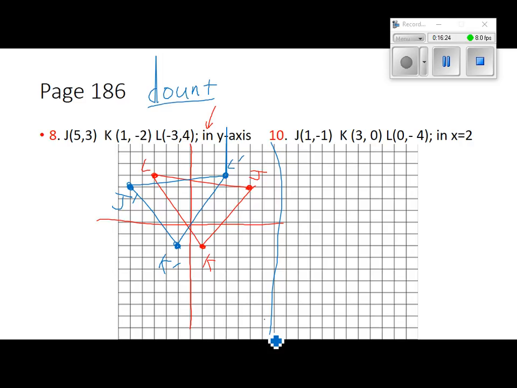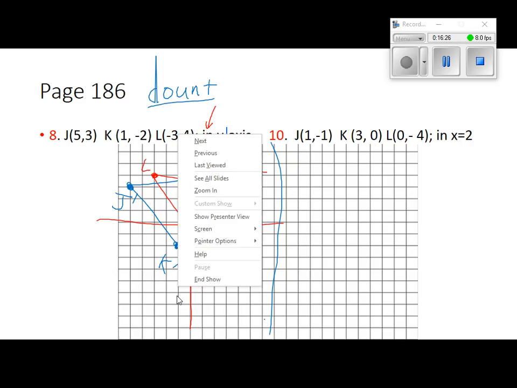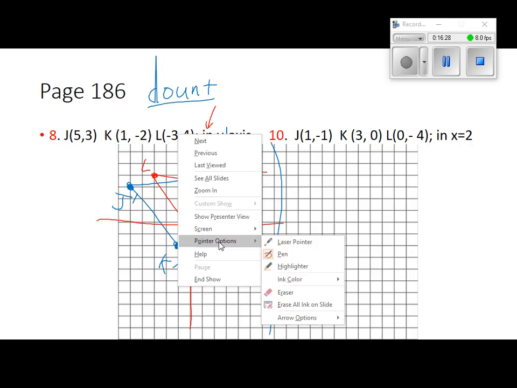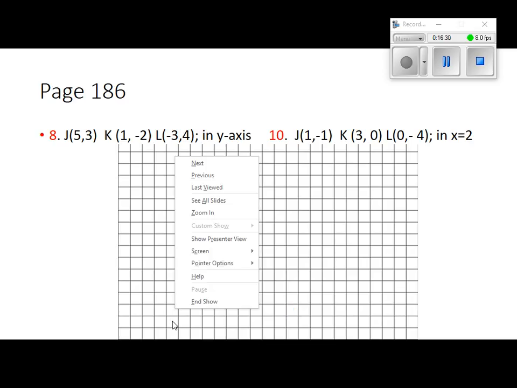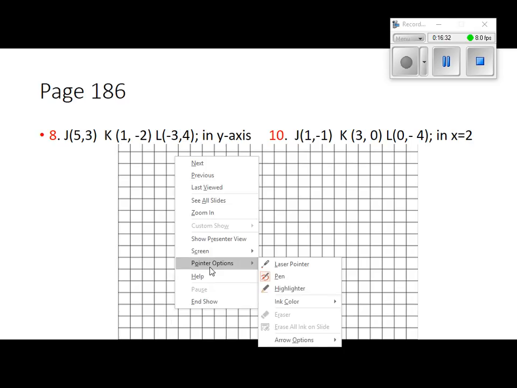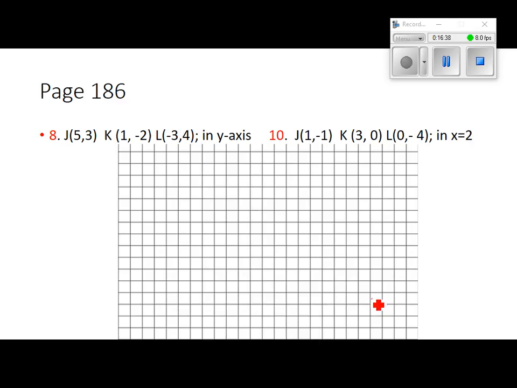On these harder ones, I'm going to erase this real quick. If we do this one, terrible X and Y axes. 1, -1, that's J. K is 3, 0.